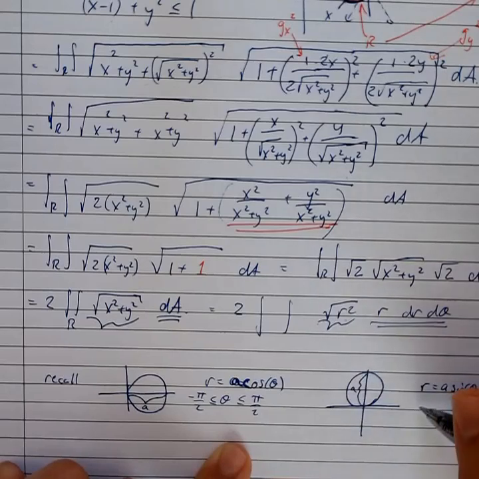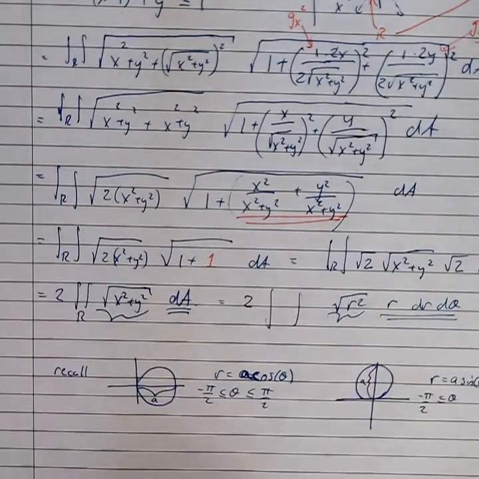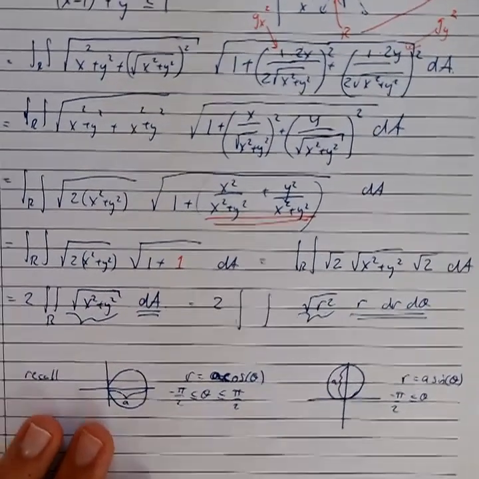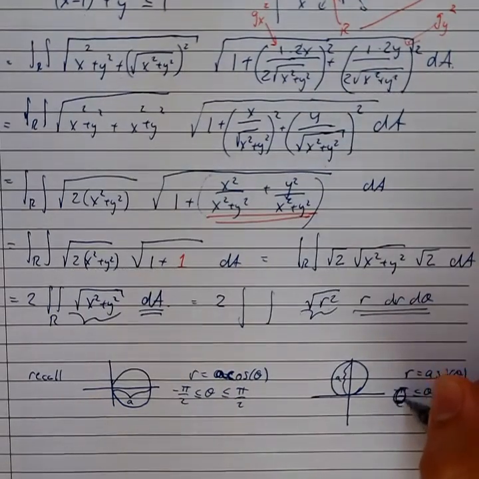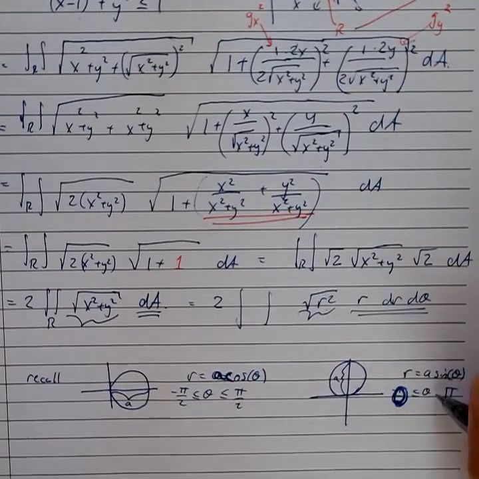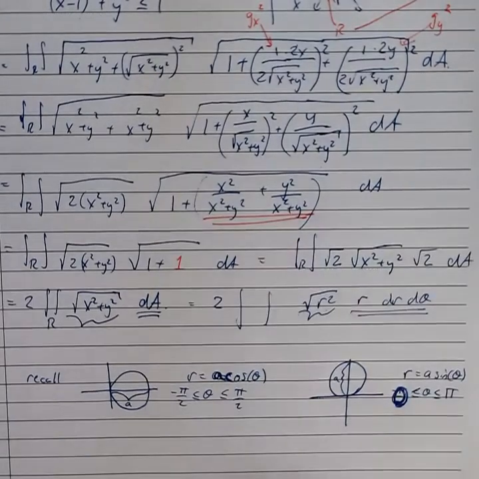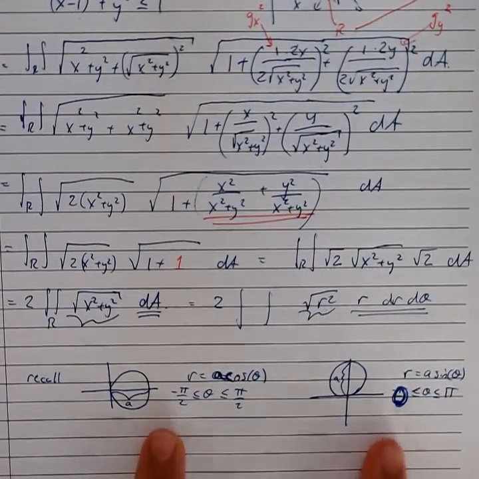And here we're going to take theta, actually this one should be from 0 to pi. There we go. So just keep those in mind. These come up from time to time. And in fact, we see it here.